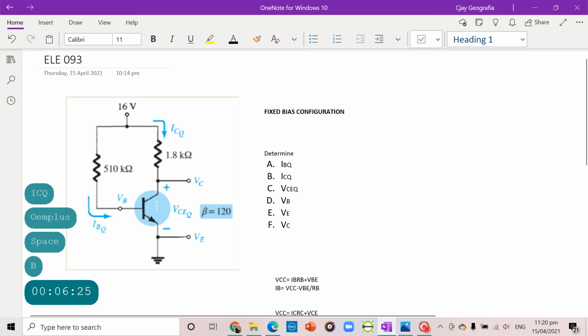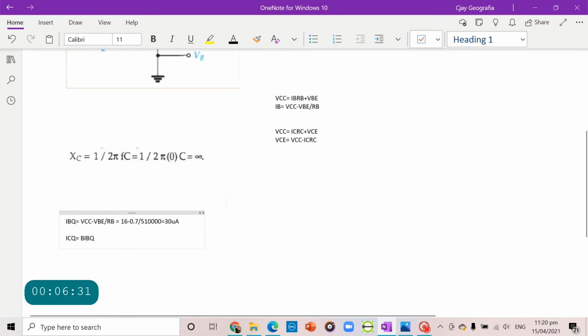Let us notice that this is beta dependent. What is our beta?